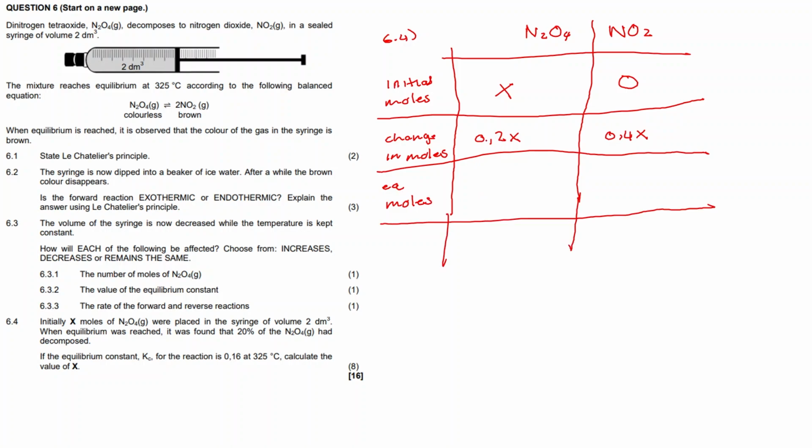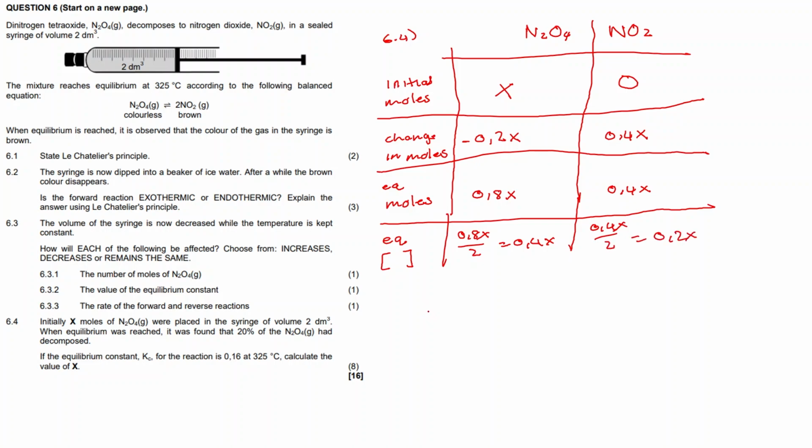And since we have lost 20% of X, we have 0.8X left. And here we have 0.4X. Now we want to calculate the equilibrium concentration. And since our volume is 2 decimeters cubed, we can say this value divided by 2, and we get 0.4X. And here we get 0.4X over 2 and get 0.2X.